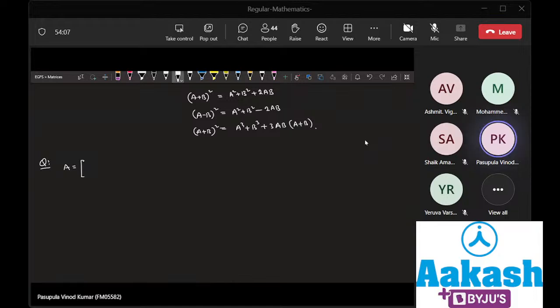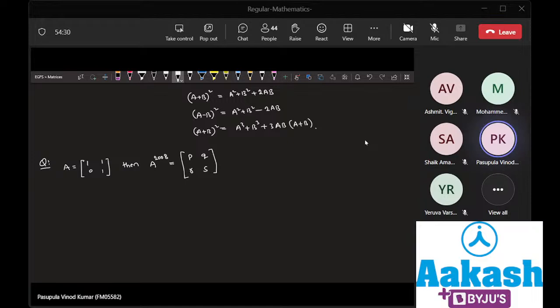A is equal to the matrix [1 1; 0 1]. Then A power 2008 is equal to what? A power 2008 is equal to the matrix [P Q; R S], right?